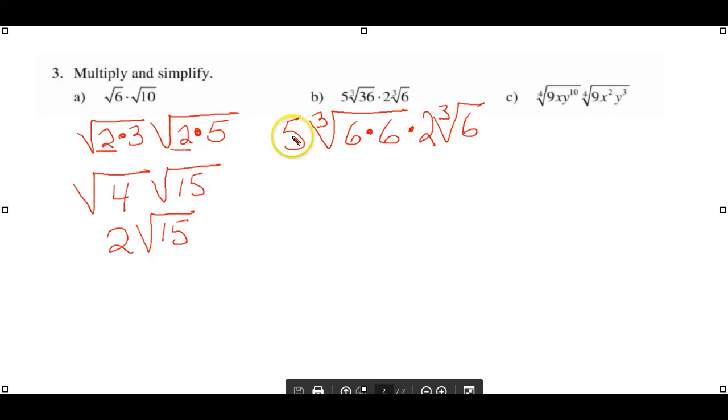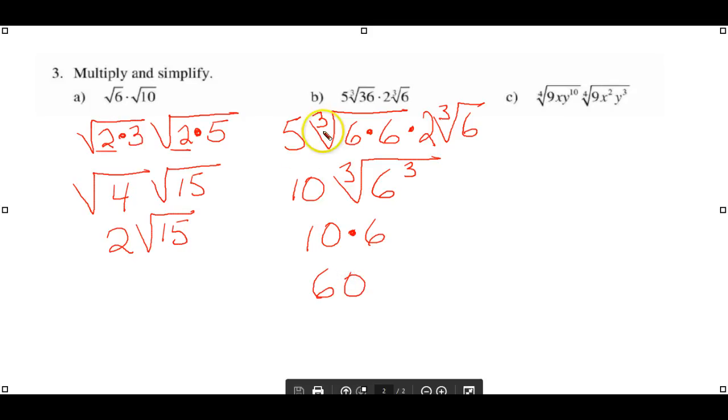Well, we know our 5 times 2 is 10, and then we have the 3rd root, and I'm going to write these 6's using exponential notation. And notice when our index number and the exponent to which we're raising the radicand are the same, it just becomes the radicand. So this is 10 times 6, and that is 60. So these are the steps that I've used and the sequence that results in our answer.